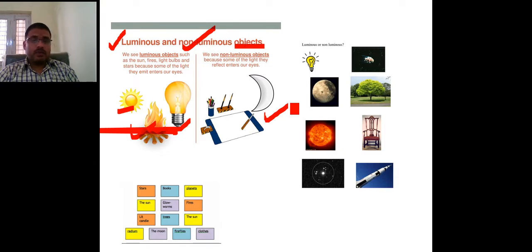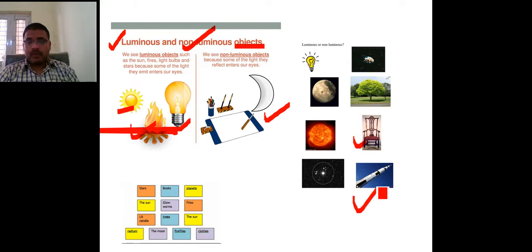Because the reflection comes from the sunlight, and because of that reflection we can see the moon from the earth. So again, the moon is not a luminous object; it is a non-luminous object. You can see here I have shown many things, that is, a chair, a pen.